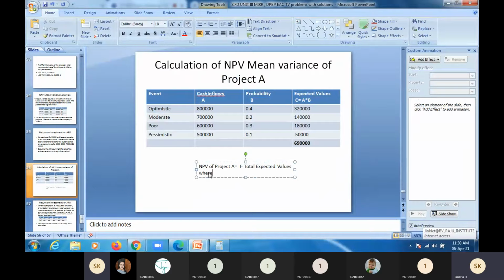So where given, I is equal to 20 lakhs, and the total expected value is equal to 6,90,000.